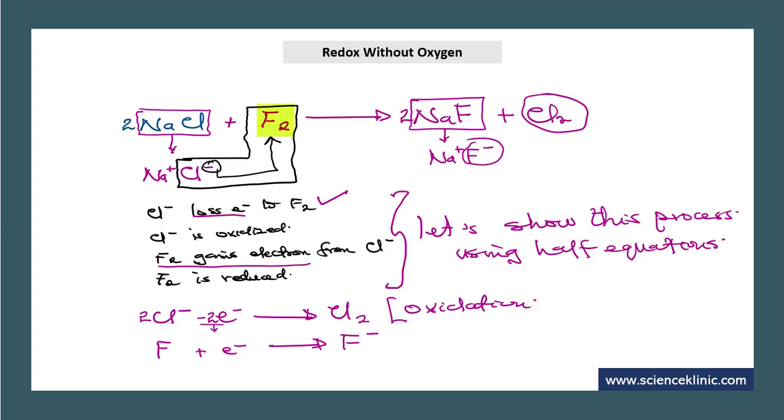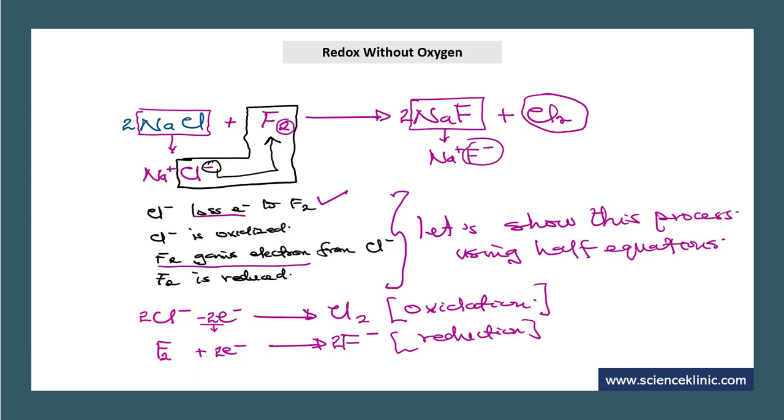Of course, it is F2 fluorine molecule that reacts, so we have to multiply this equation by 2 in order to balance the equation. So we have F2 plus 2 electrons to give us 2F⁻. So we can see that the oxidation and reduction in this reaction occurs only between chloride ion and fluorine molecule.